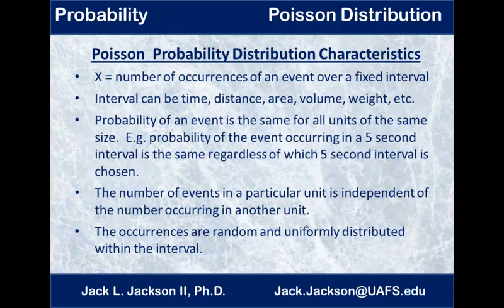Okay, and of course then we want the number of events in a particular unit of interval, say in this 5-second interval for example, to be independent of the number occurring in another unit.